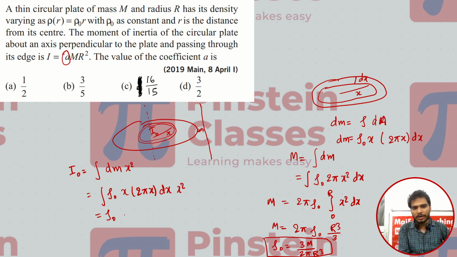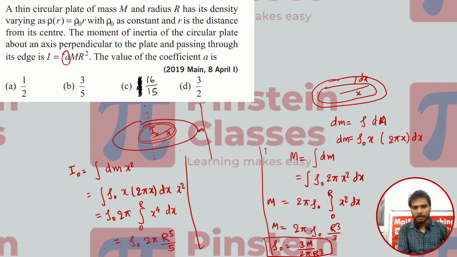Rho naught 2 pi will come out of the integration as constants, x times x square. So this will be x to the 4 times dx, and integration will go from 0 to r. So rho naught 2 pi r to the 5 upon 5.